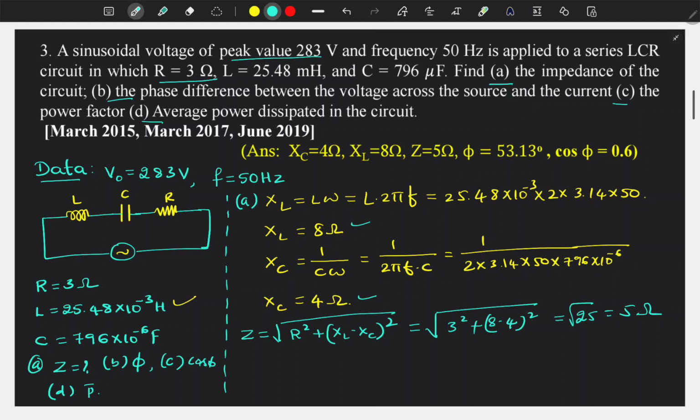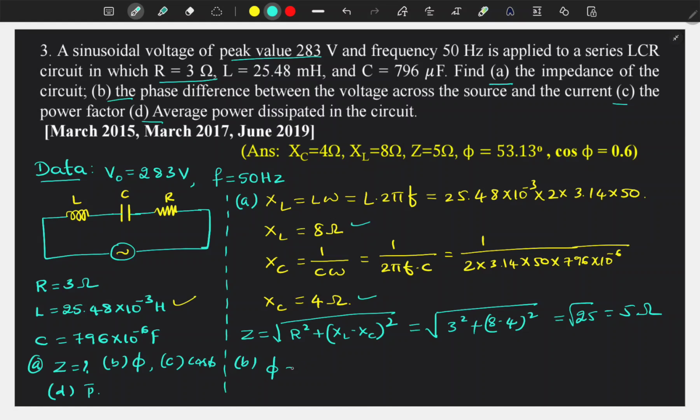So next we need to find out question B. For that you can use the power factor formula, or first we can find out power factor and find phi.